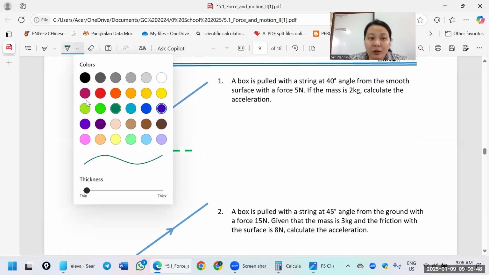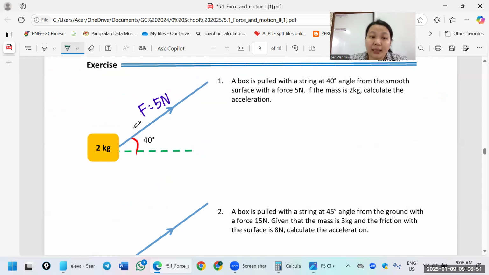First of all, what should we do? Check: the force is not horizontal nor vertical, which means we resolve it. So this is Fx and this is Fy.